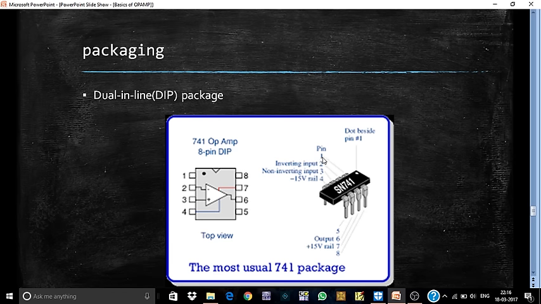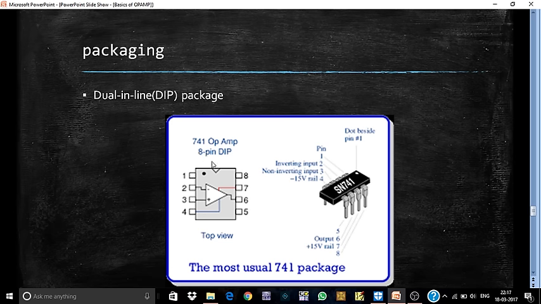The first pin is offset, and pin 8 is offset, the second pin is the inverting input, the third pin is the non-inverting input, and the fourth pin is the negative supply, minus VEE. VEE we just consider as a representation. Pin 6 is the output, and pin 7 is plus VCC.